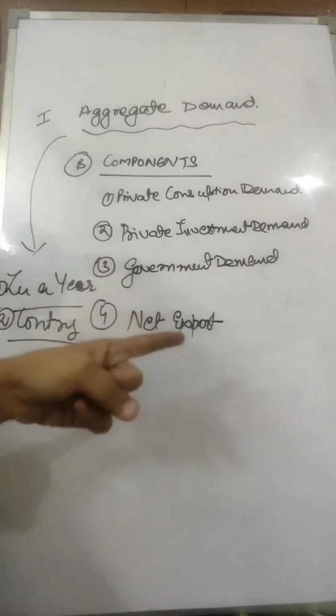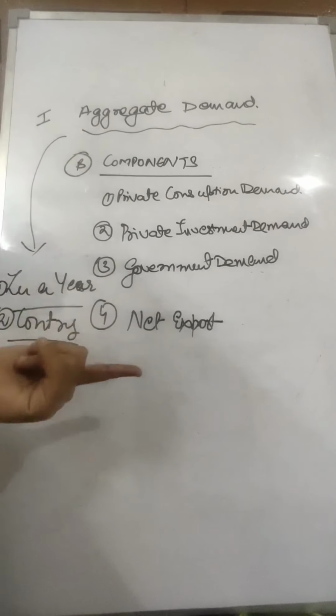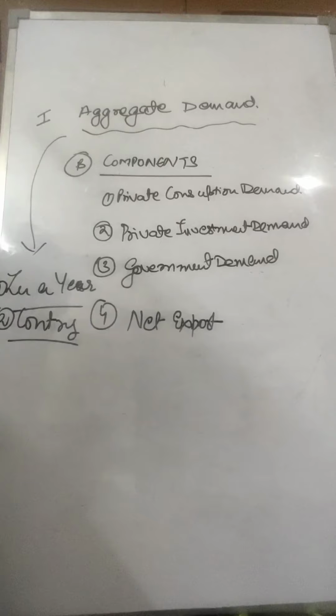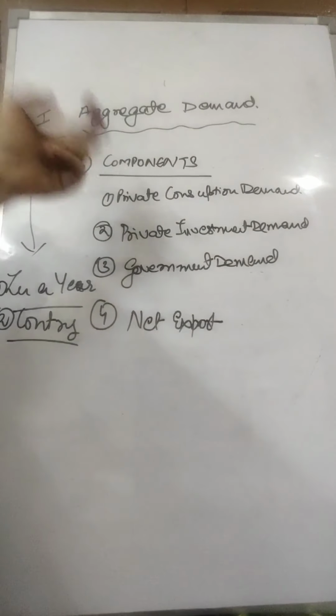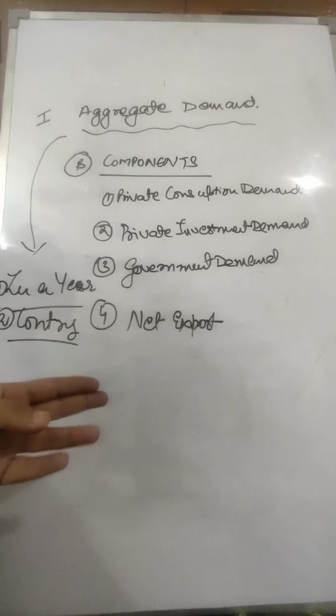Now we have done in national income and its aggregates that you can calculate your GDP with the help of consumption, or production, or expenditure. So we can say aggregate demand is also referred to as the total amount of expenditure that all the sectors are ready to spend on final goods and services.